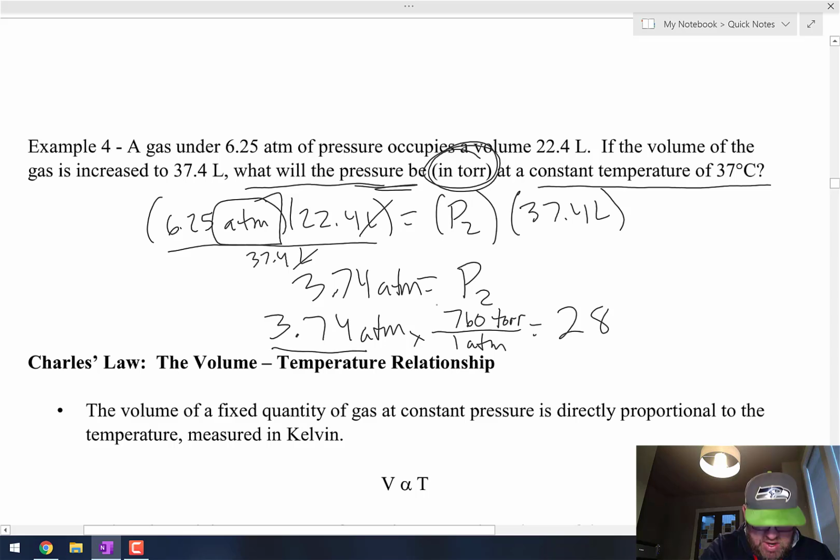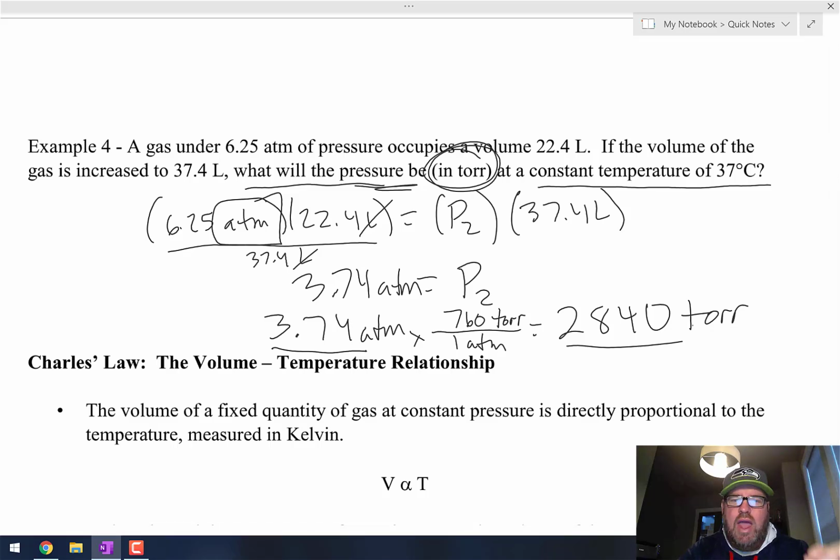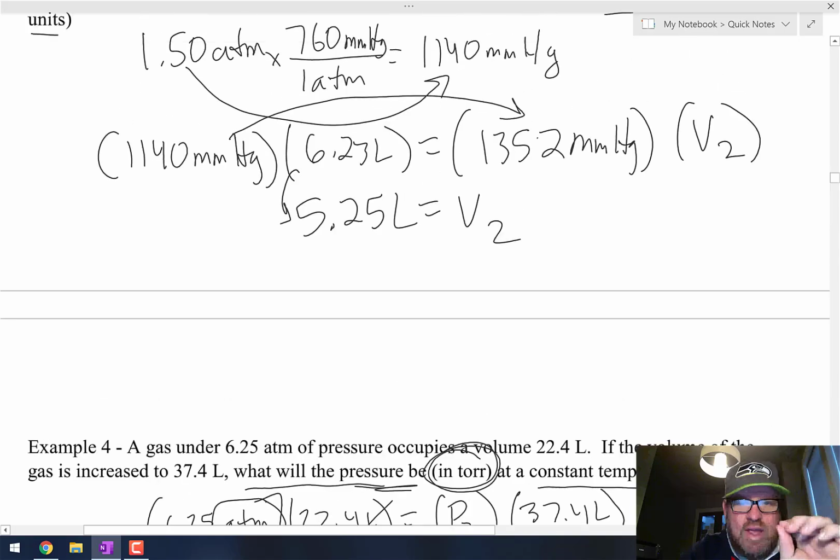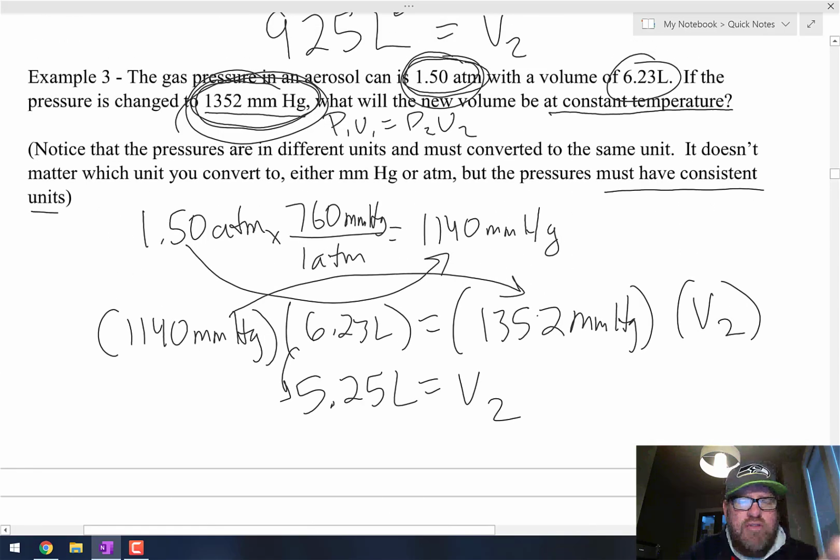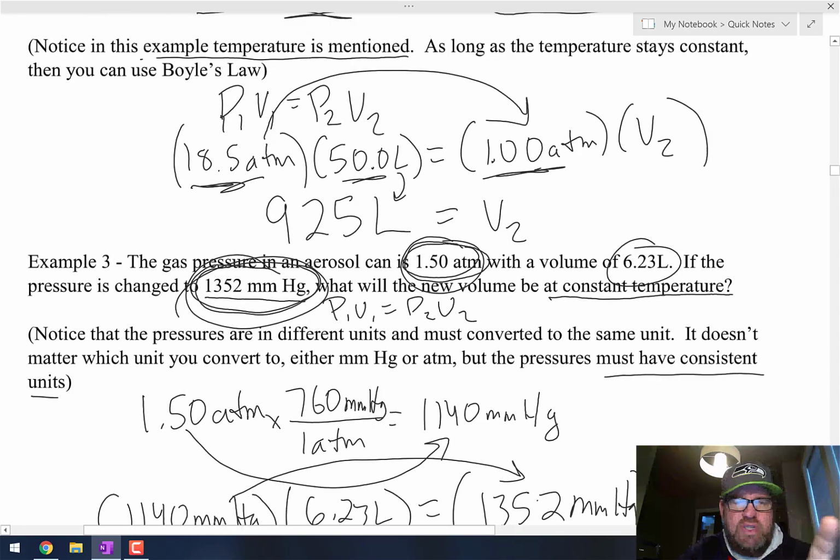This only has 3 digits, so we're going to go 2,840 torr. Even though the calculator answer is 2,842, with those 3 digits, my final answer is only going to have 3 digits as well. Okay, so 2,840.